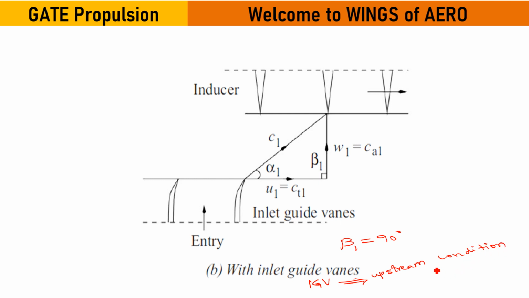Sometimes in the question they can mention upstream condition and downstream condition. Downstream condition is the second case, when the flow is leaving the impeller blade, which we have seen in the last class. The radial curve, backward curve and forward curve are the downstream condition. And today we are seeing the upstream condition, with and without inlet vane, or the inlet condition.